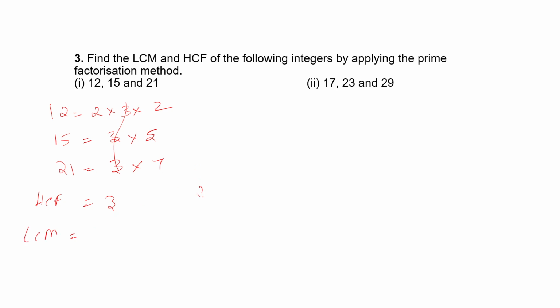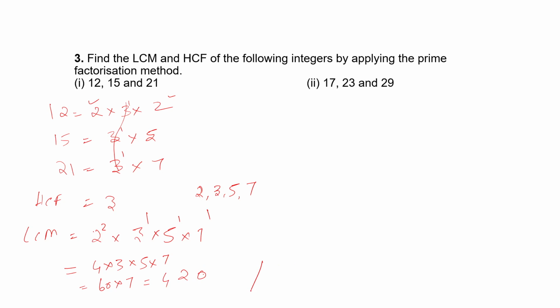So what are the factors present here? 2, 3, 5, 7. So what is the highest power of 2? 2 square. What is the highest power of 3? 3 power 1 only. And highest power of 5? 5 power 1. And highest power of 7 is 7 power 1. 4, 3, 5, 7. So if you multiply, what you will get? 60 into 7, 420. Right? Yes. So this is the LCM and this is the HCF done.